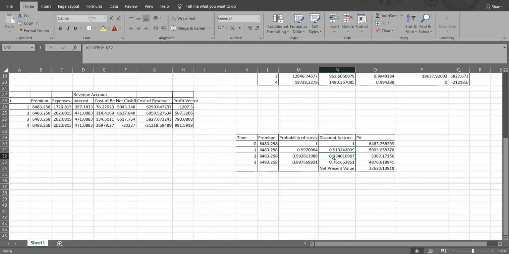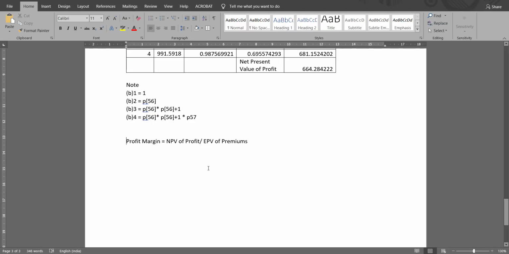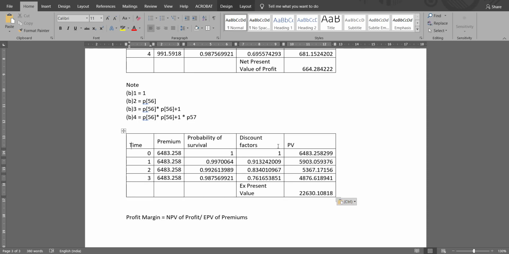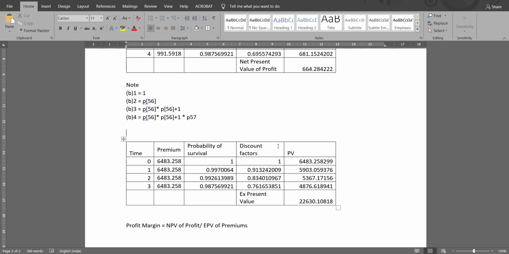Now this is your expected present value. Doesn't matter much what you call it. Now you can just take this to Word, and that will be it. So you can say EPV of premium is calculated this way.